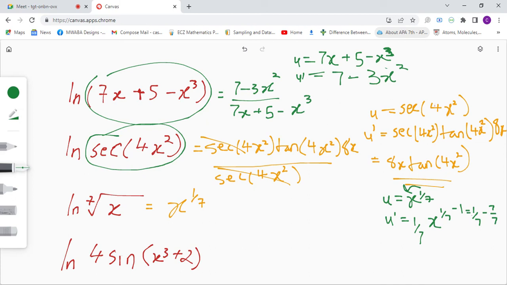So we're going to get negative 6 over 7. And that's how we get negative 6 over 7.